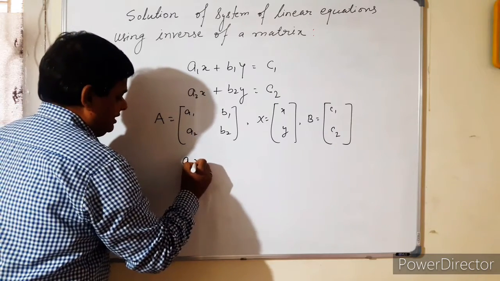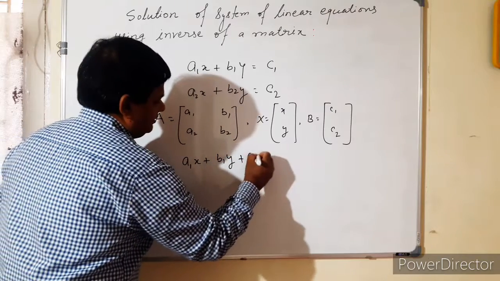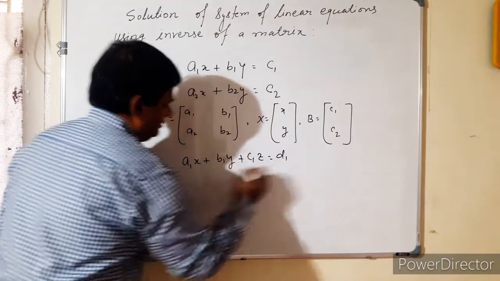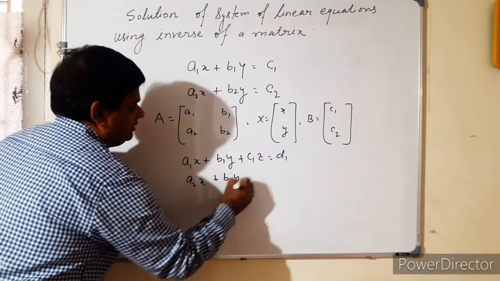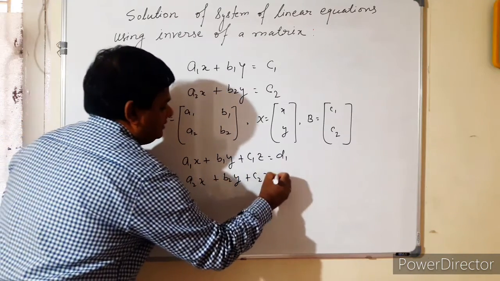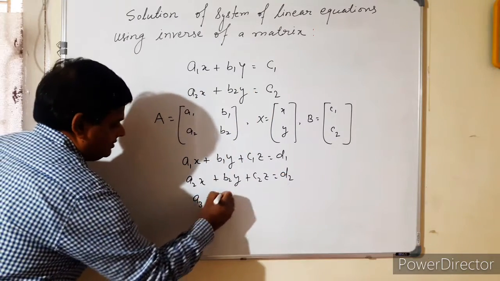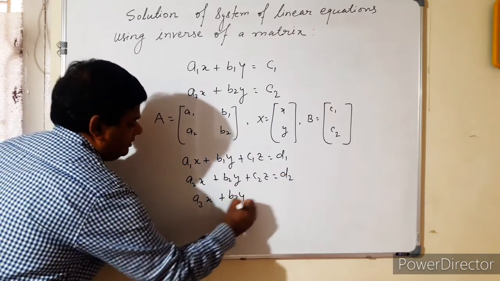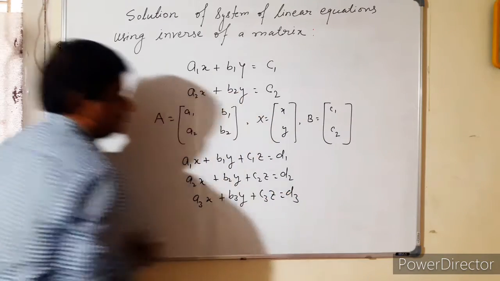Okay, if it is three linear equations, a1x plus b1y plus c1z equal to d1, a2x plus b2y plus c2z is equal to d2, a3x plus b3y plus c3z is equal to d3.